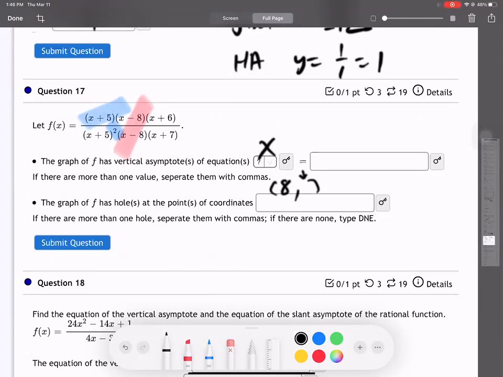When I divided the x plus 5 and x minus 8 out, we still have x plus 6 over an extra x plus 5 and an x plus 7.